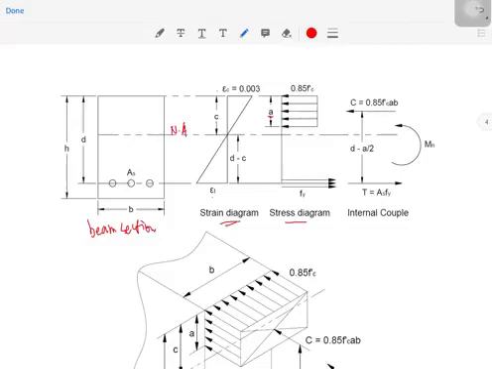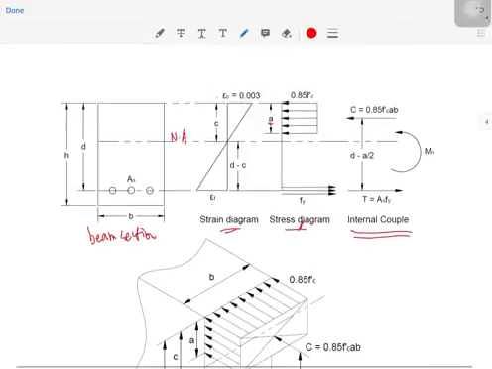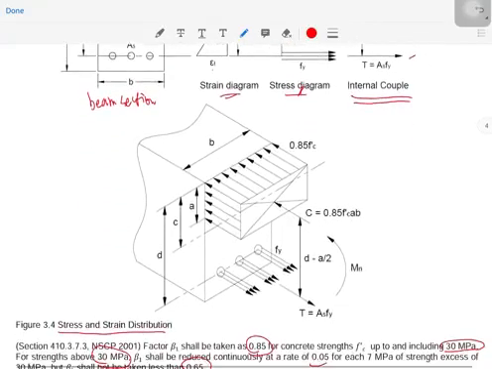Okay, so now we may convert it into a force, no? For the stress diagram, we could create an internal couple there. So we will convert this stress into an internal force, let us say for the compression part.